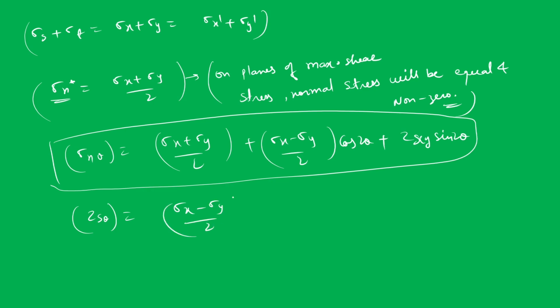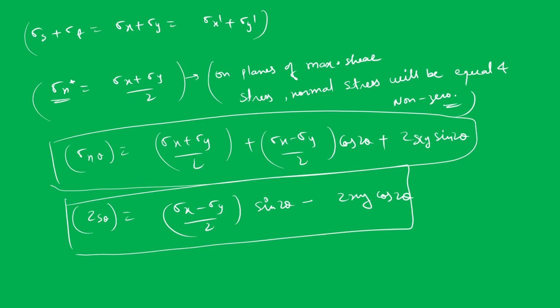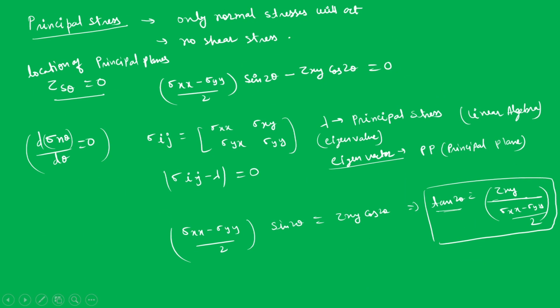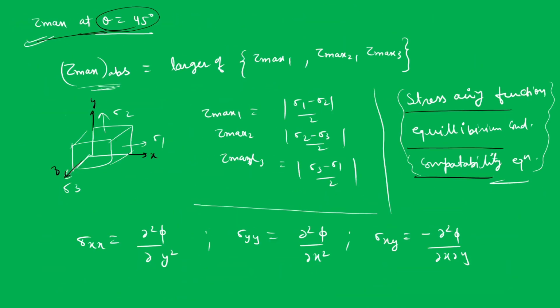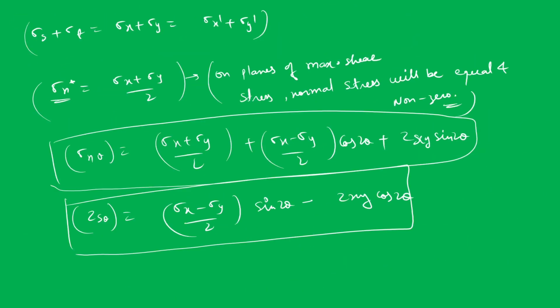What is that? (Sigma x minus sigma y)/2 sin 2 theta minus tau xy cos 2 theta. You have to remember this formula as well.